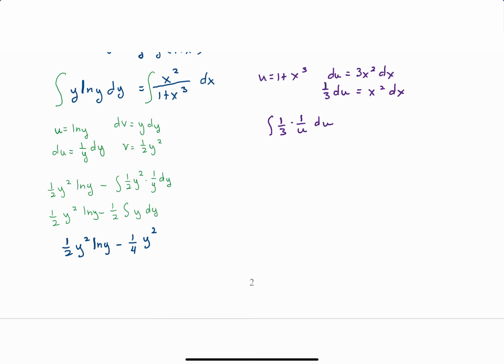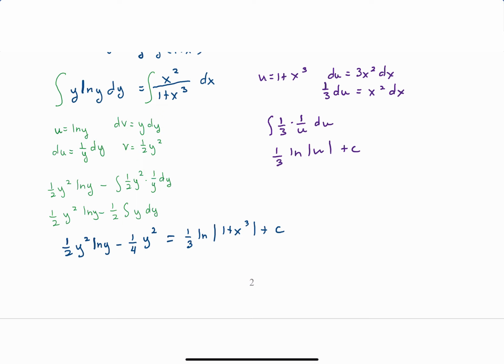So integrating that, I'll have 1/3 ln of the absolute value of u plus c. So what the right-hand side is equal to is 1/3 ln of the absolute value of u, but u was 1 plus x cubed, and then I have plus a c.